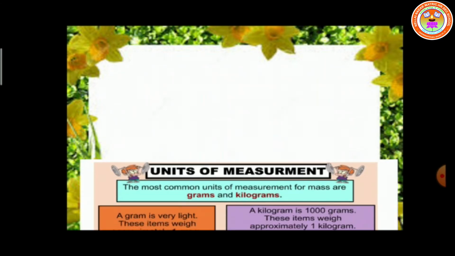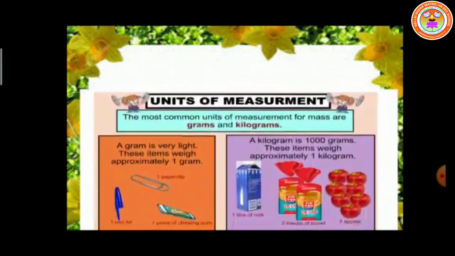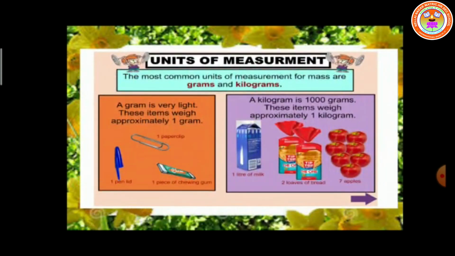Now, we are going to see the standard units of measurement for mass. The most common units of measurement for mass are grams and kilograms. See your left hand side, children. A gram is a very light unit, and these items weigh approximately 1 gram.